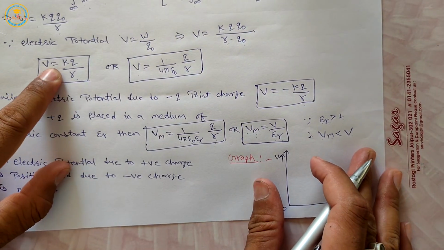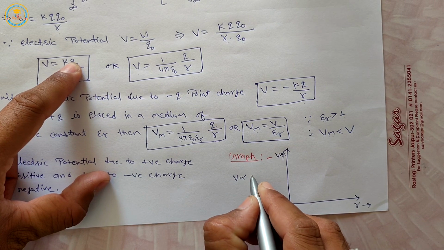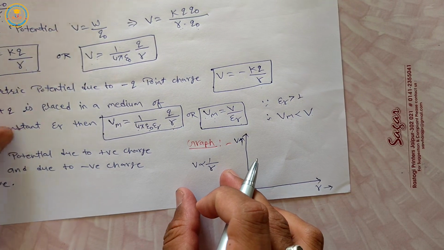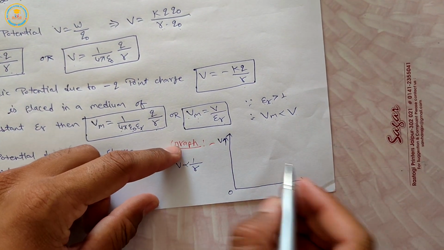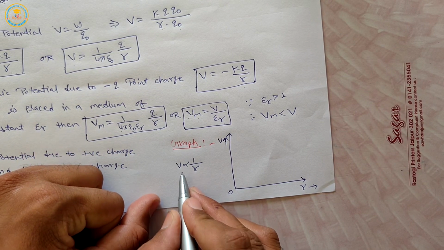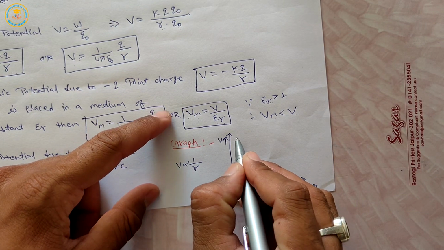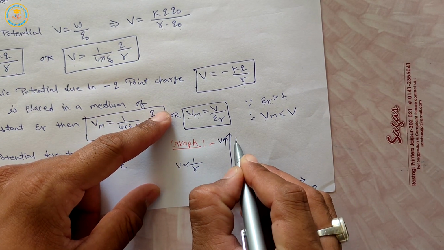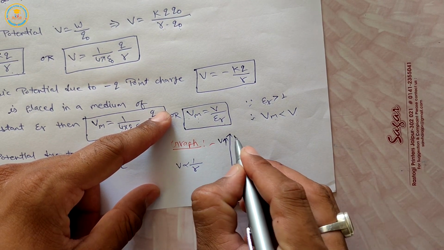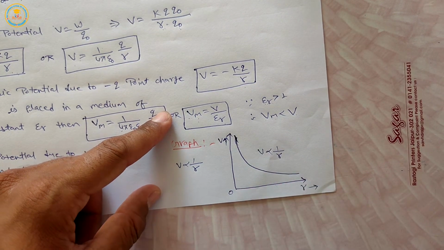According to this equation, if K and Q are constant, then V is inversely proportional to r. So for an inversely proportional relation, we draw a graph like this. If we increase the distance, then the electric potential decreases. So from this we represent the graph between V and r like this. This is the graph of V inversely proportional to r.